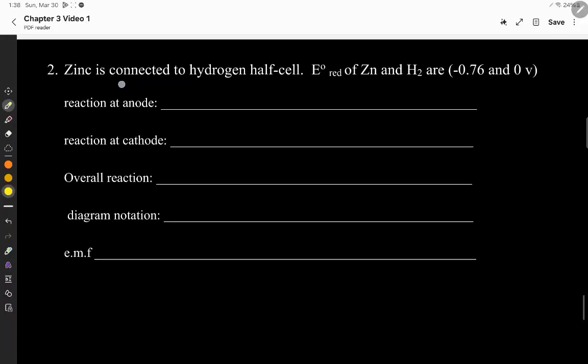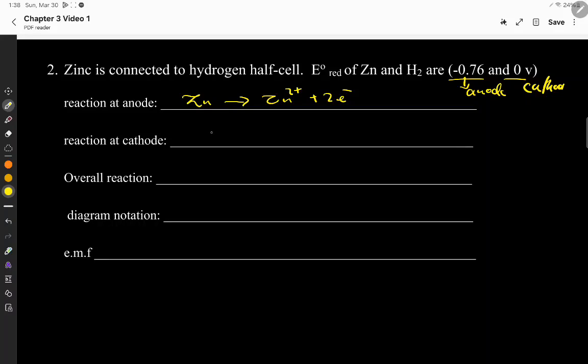Let's look at another question here. It says zinc is connected to hydrogen. Zinc is negative 0.76 and hydrogen is 0. So zinc in this case is the anode and hydrogen is the cathode. Reaction at the anode, zinc will be oxidized, zinc to zinc 2 positive plus 2 electrons.